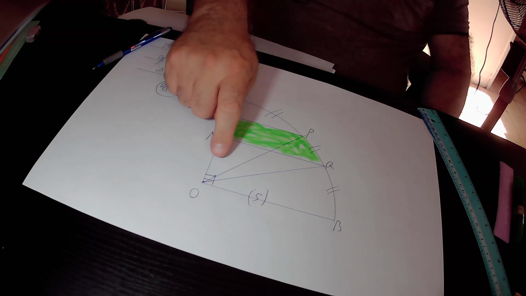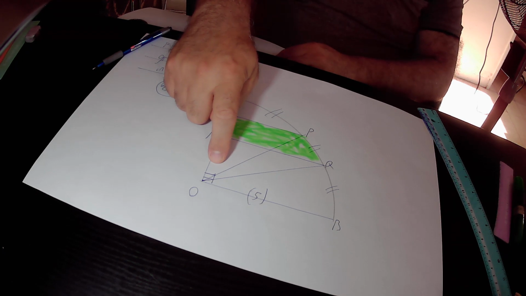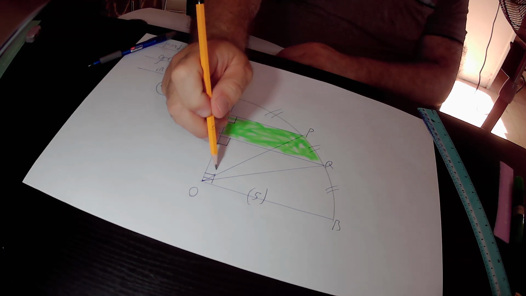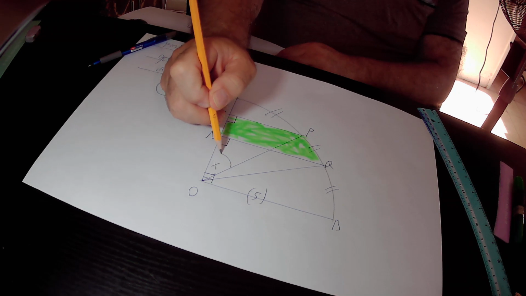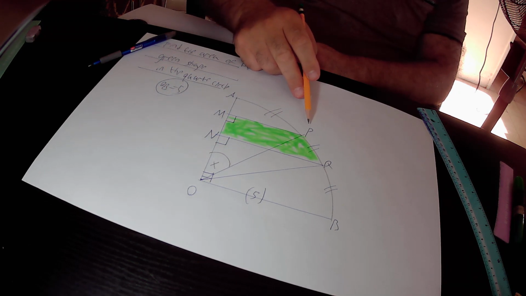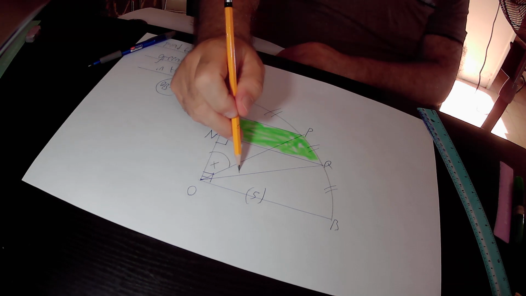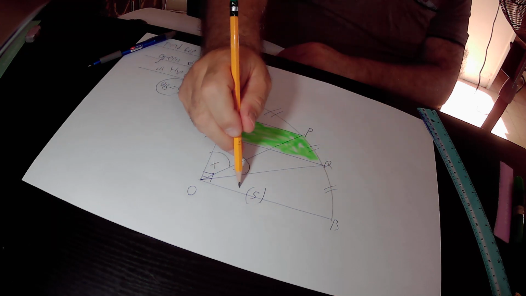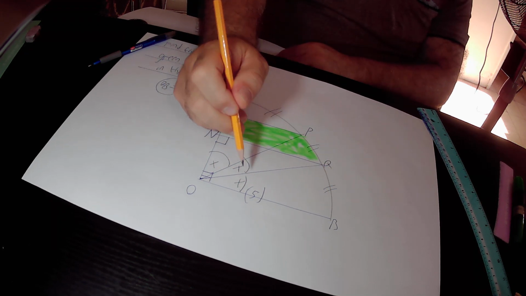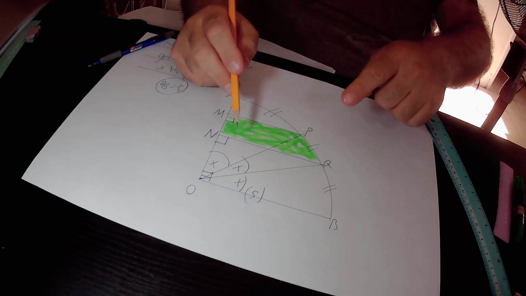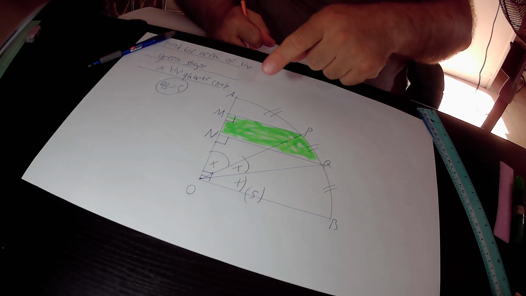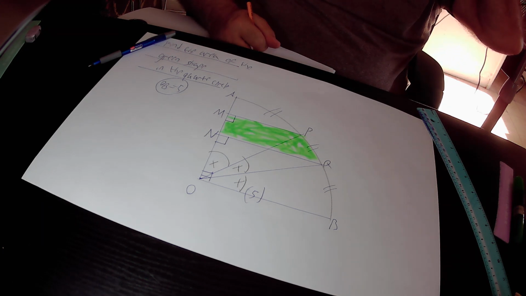If we define the size of center angle AOP as x, then according to rule 20, angle POQ must also equal x, and angle QOB must also equal x. So each angle equals x degrees in size.